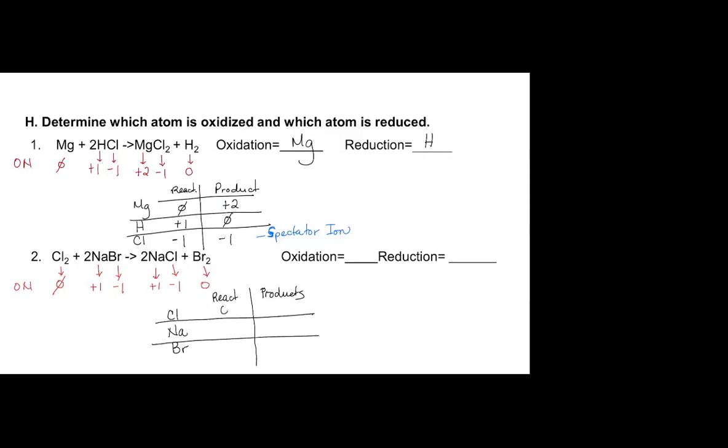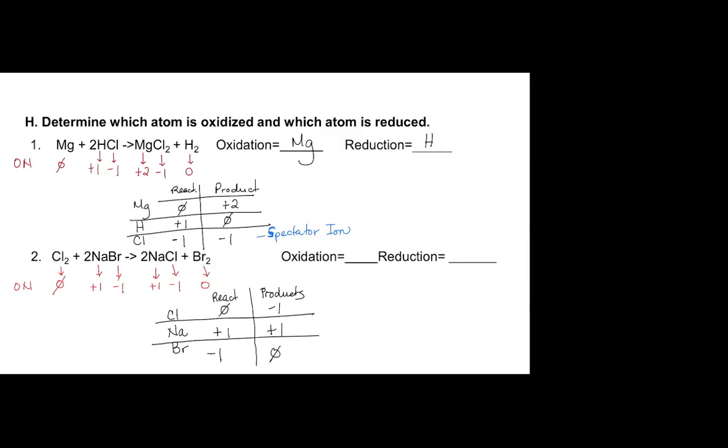So for chlorine, it went from 0 to -1. For sodium, it was +1 and it remained +1. For bromine, it was -1, and then it became 0.